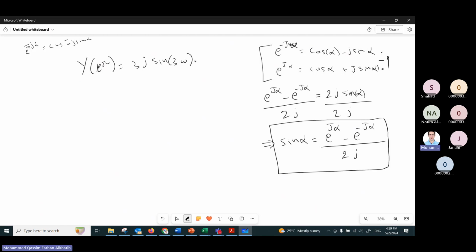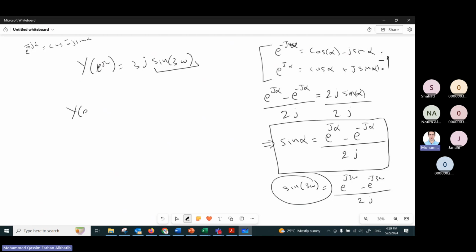Now this expression I can relate to this one. My alpha is 3 omega. So sine 3 omega equals e to the power j 3 omega minus e to the power minus j 3 omega over 2j. Now I can substitute this instead of this.